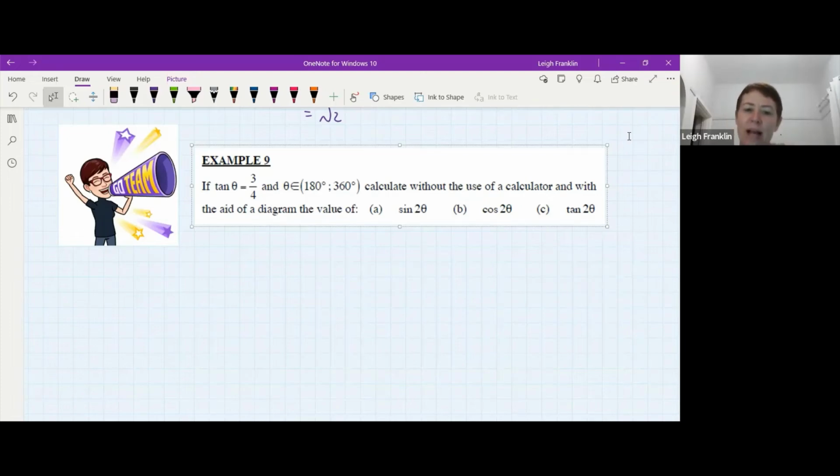But before we can actually set about answering A and B and C, we've actually got a lot of work that needs to be done first, right? The first thing that we need to establish is which quadrant are we working in?